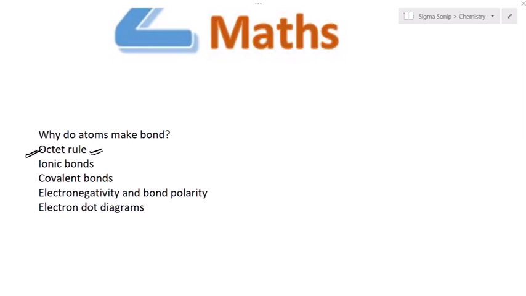A covalent bond happens when elements on the right hand side of the periodic table try to bond with elements on the right hand side of the periodic table. Both the atoms are on the right side of the periodic table, and both of them are deficit. Both of them have high electronegativity, so none of them is willing to give an electron away.